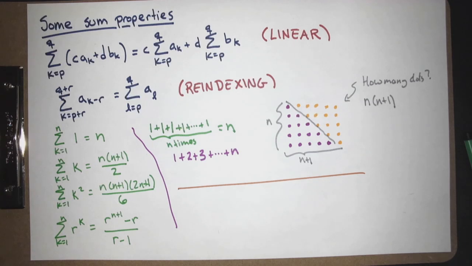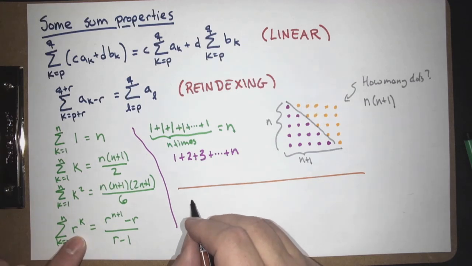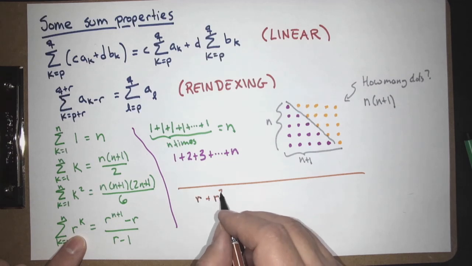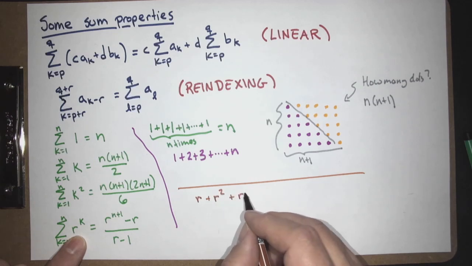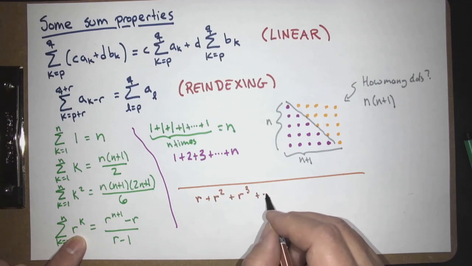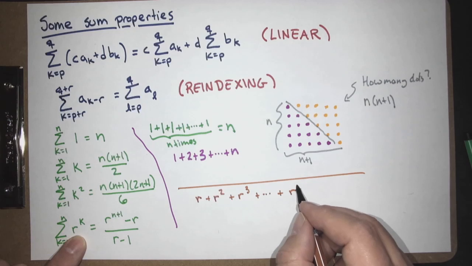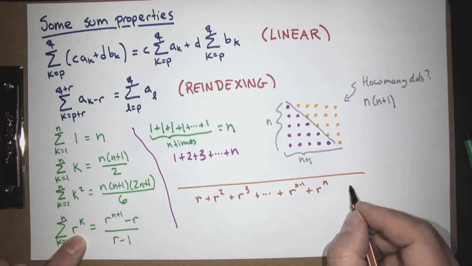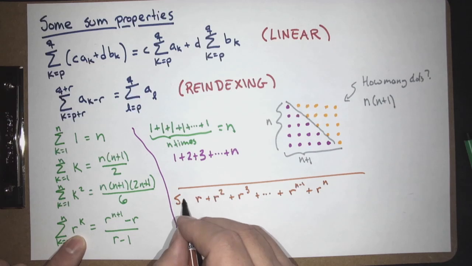Geometric means you multiply. So what's happening is every time we're multiplying by another factor of r. I have r as the first term. Multiply that by r, that's r squared. Multiply that by r, that's r cubed. And keep going all the way up to r to the n. And let's call this our sum.